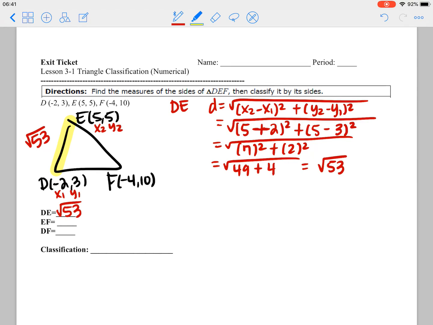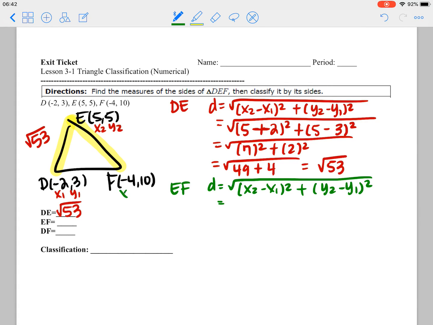Okay, for my second side, EF, I need to do exactly the same thing. Copy down the distance formula, x2 minus x1 squared plus y2 minus y1 squared. Then come back and label the points.